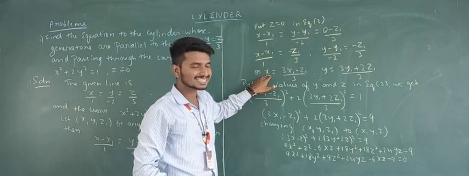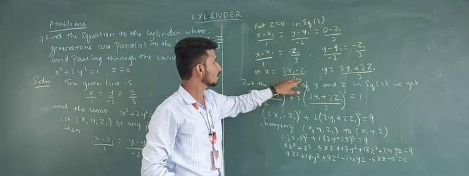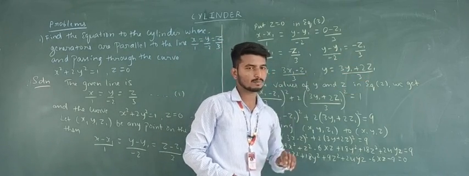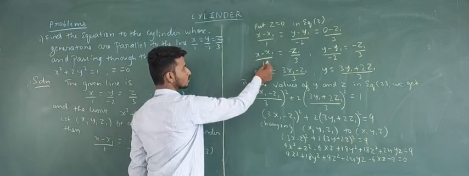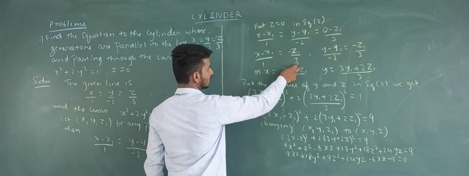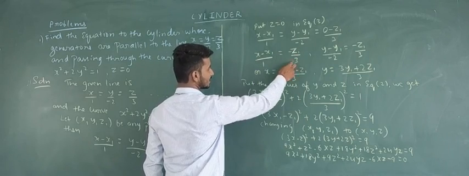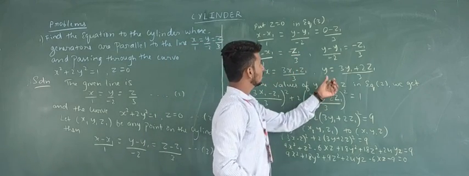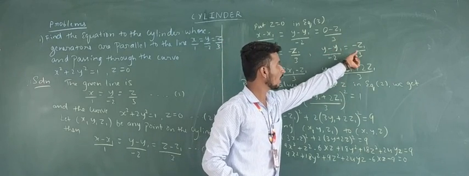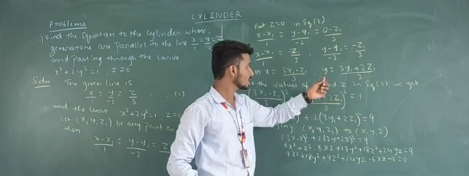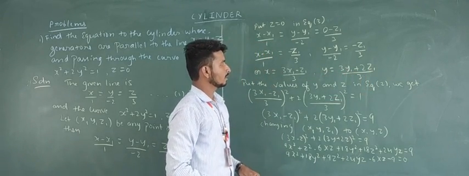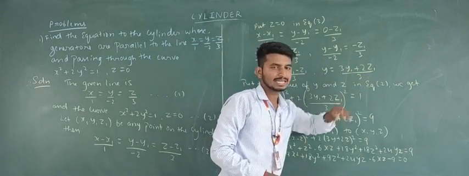Taking the LCM, x = (3x1 - z1)/3. Similarly, keeping y on the left and taking y1 and the -2 to the RHS, y = (3y1 + 2z1)/3.